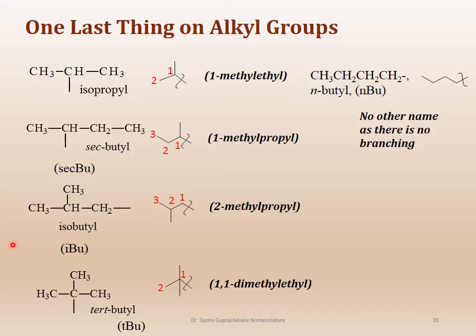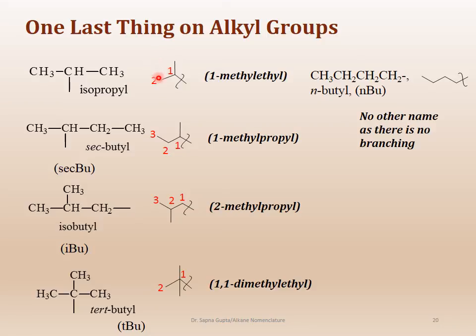One last thing to mention about alkyl groups and their nomenclature is an alternate way of naming. This is IUPAC accepted. The other one is also IUPAC accepted. For example, if we have an isopropyl group, isopropyl is IUPAC accepted. However, there is another name for it, which is 1-methyl ethyl. Here, wherever it is connected, that carbon is numbered 1, and then you take the longest chain from there, which in this case is a 2 carbon chain, and then whatever substituent is attached to that is named.